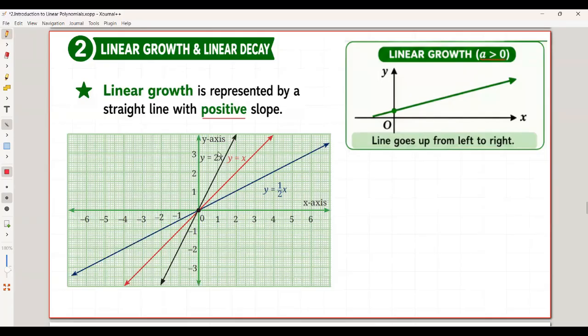In all the three examples, a value is 1 by 2, greater than 0; 1, greater than 0; 2, greater than 0. The line is going from left to right, increasing. If a is greater than 0, you'll get linear growth. First case is over.